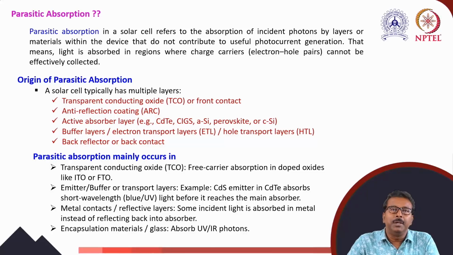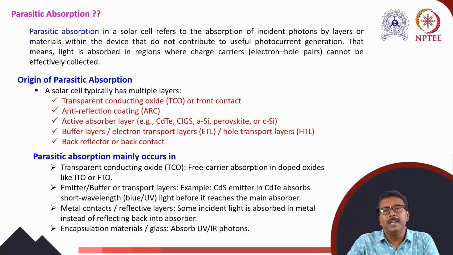Emitter means, for a p-type absorber, the emitter is an n-type material. A buffer layer is sometimes needed between the absorber layer and the emitter layer, a thin layer to reduce lattice mismatch or defects. That layer may also absorb some light, because every material has some absorption property, which can be described from the NK file.